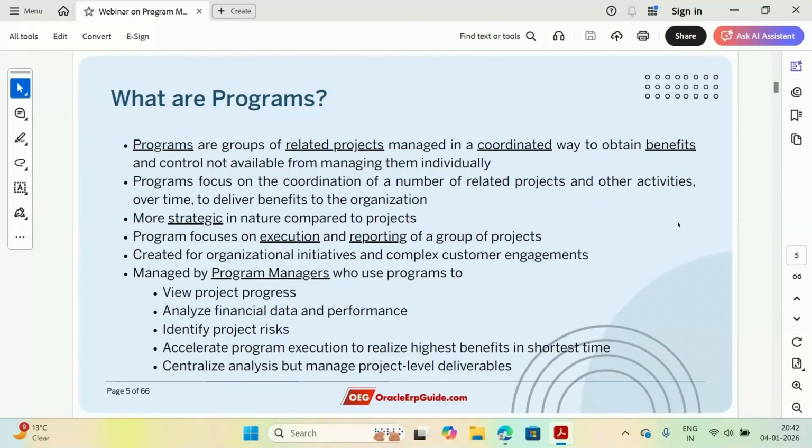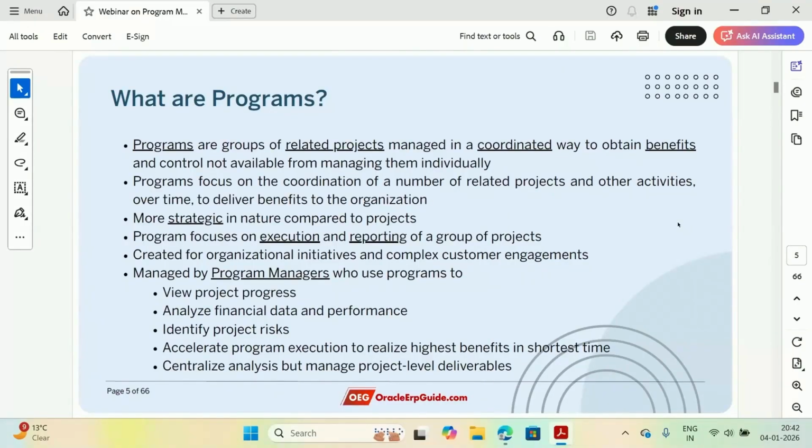Then program also focuses on execution and reporting of a group of projects. We know that for an individual project you can report on, right? And all the financials of those projects get aggregated or consolidated on a parent program, and then you report via that program. So the individual project's performance is important, but the overall program performance is also very important.